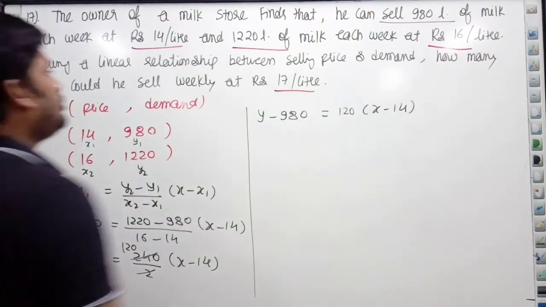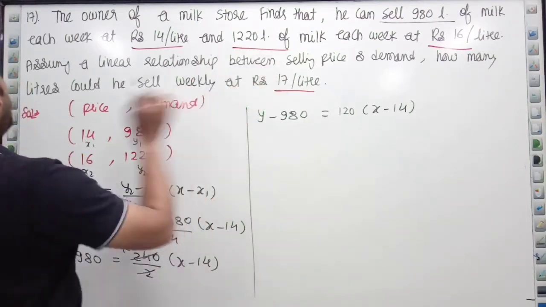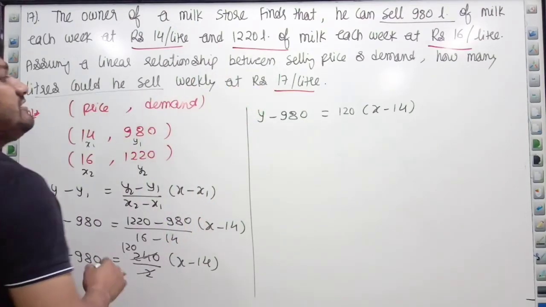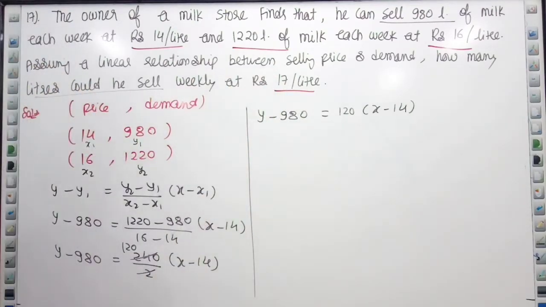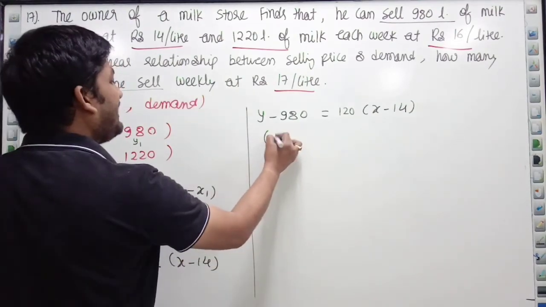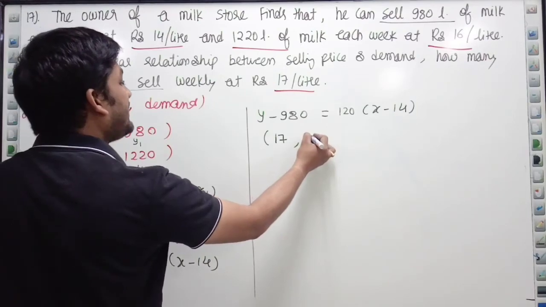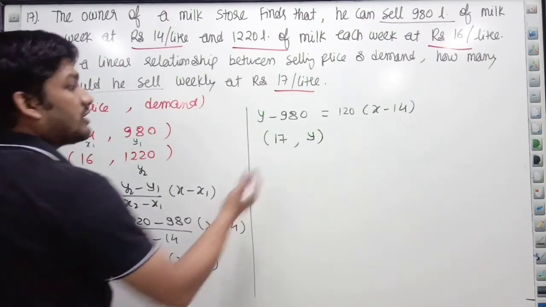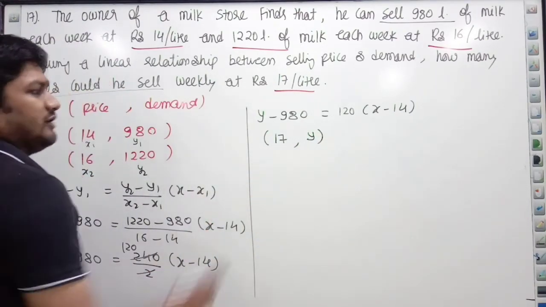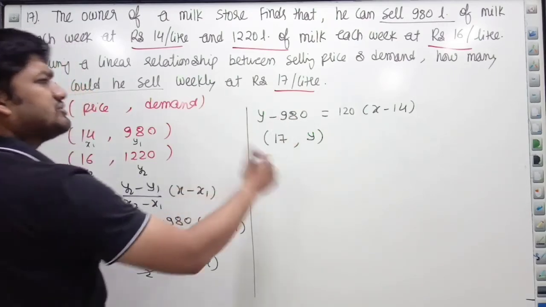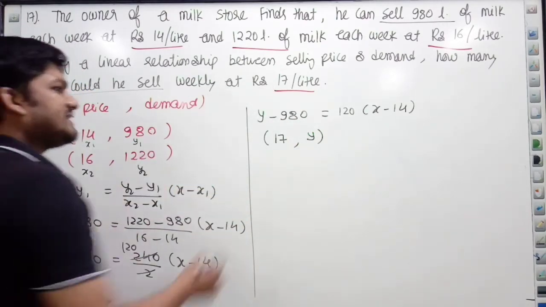What we want to know is how many liters of milk he will sell at 17 rupees per liter, means when x is 17, what is y, the demand that we need to find. So I will be putting this in the equation because it will also satisfy the same equation.